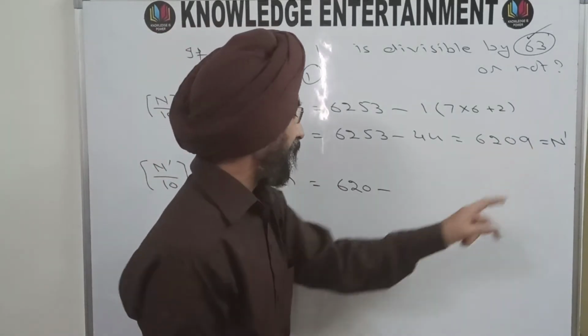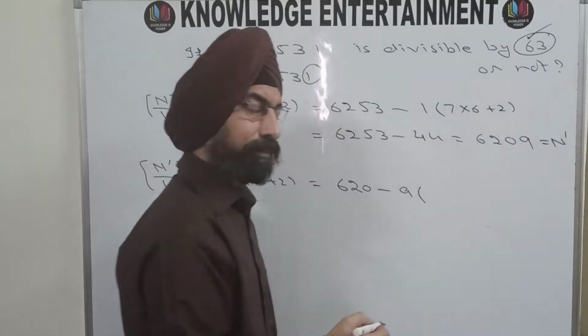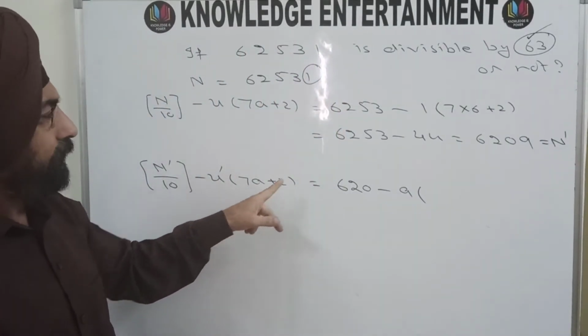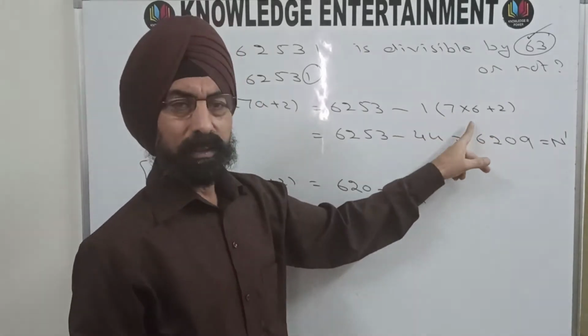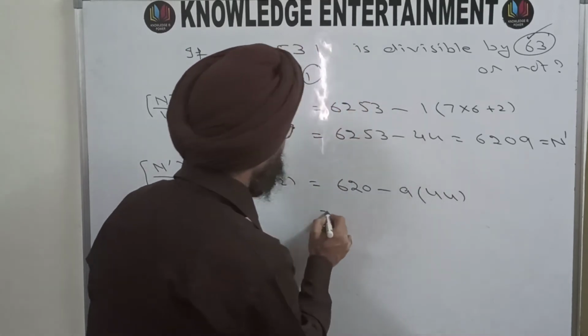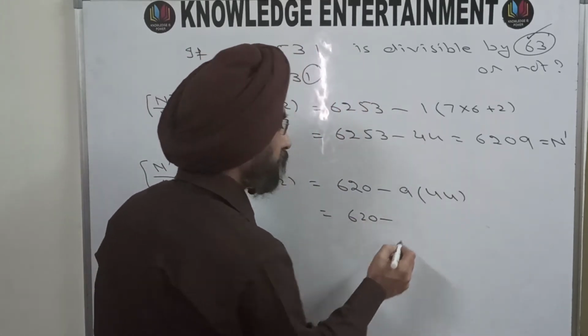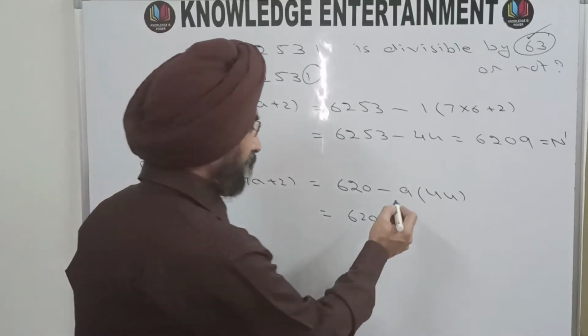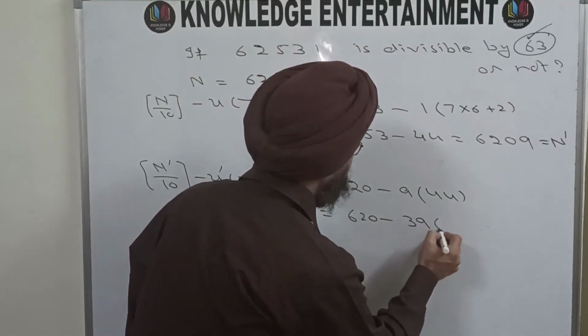So u dash is 9, 9 times 7a plus 2, and 7a plus 2 is the same. 7a plus 2 was 44 here, so it is again 44 here. So it is 620 minus 44 multiplied by 9. So you can get easily 396.